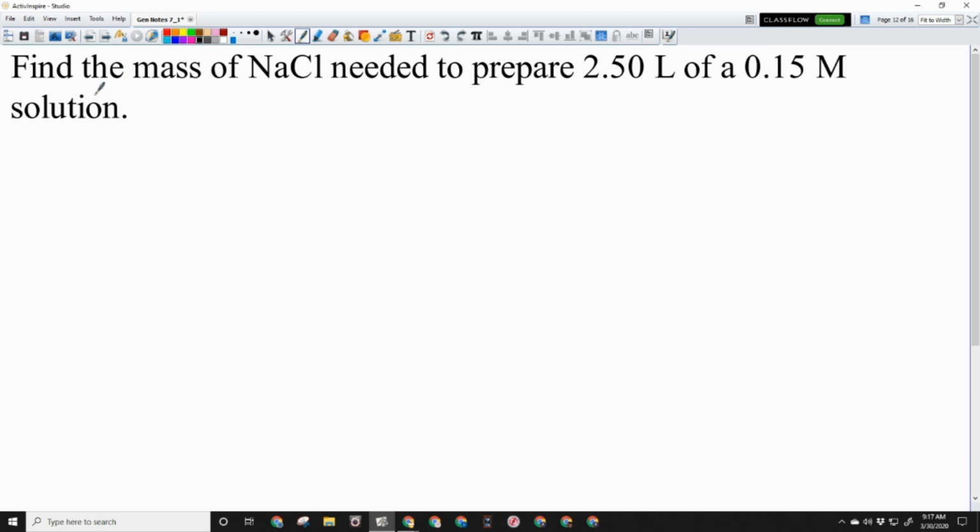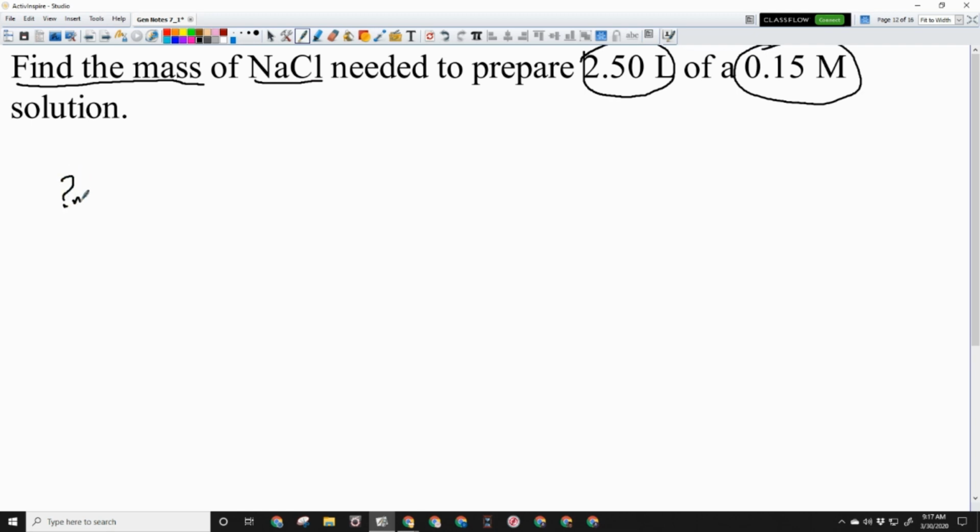All right. Find the mass of NaCl needed to prepare 2.5 liters of a 0.15 molar solution. Okay, so we want to find the mass of NaCl. So we're going to list this out.